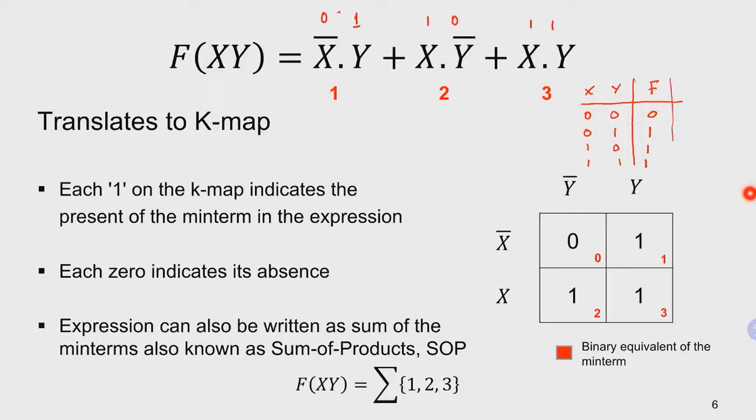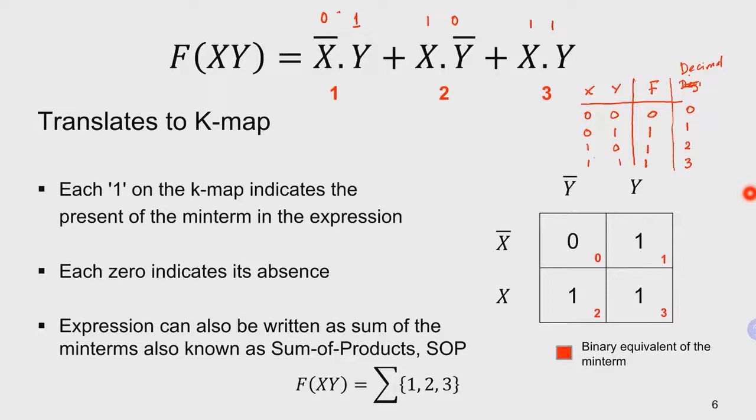So in terms of our X and Y variables, in terms of the decimal equivalent, 0, 0 gives us 0, 0, 1 is 1, 1, 0 is 2, and then 1, 1 is 3. So we can put an index in our K-map cell.